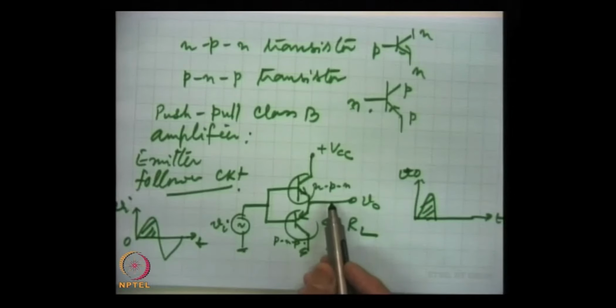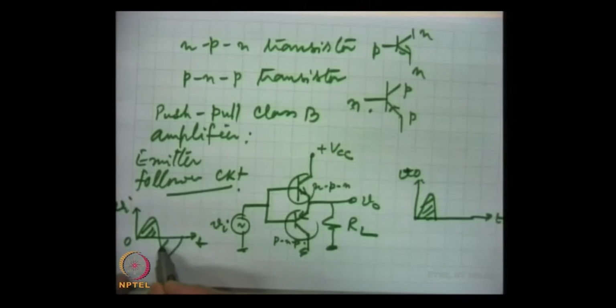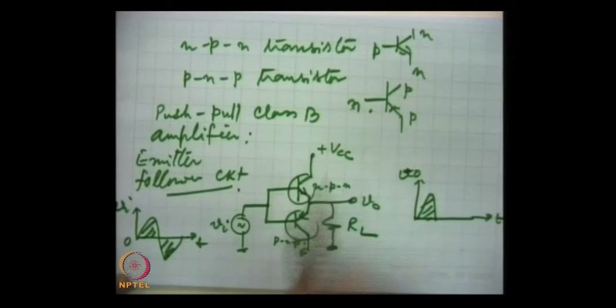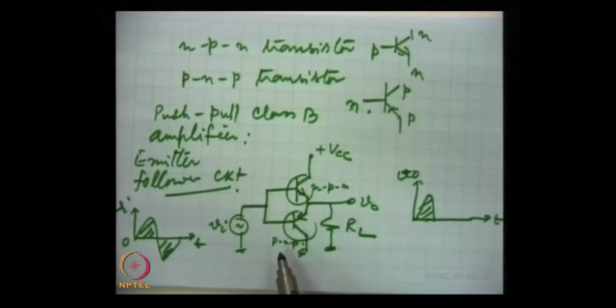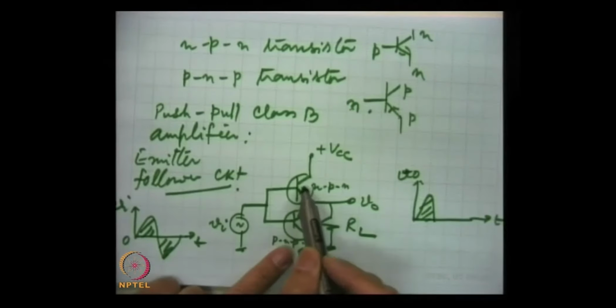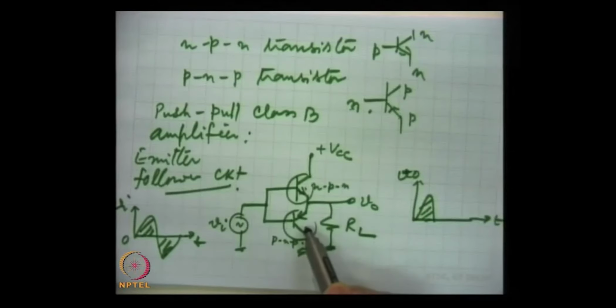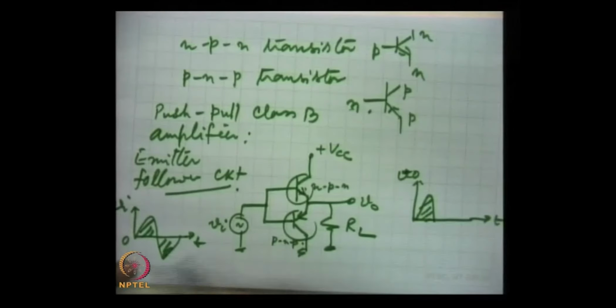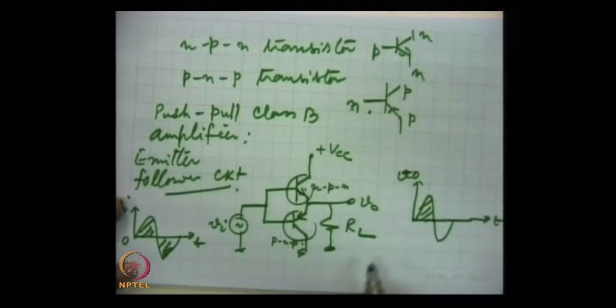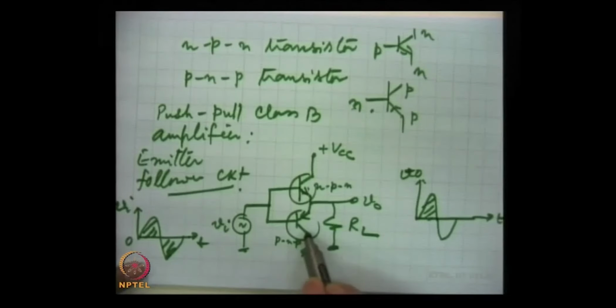In the same way, this negative pulse will forward bias the emitter junction of PNP. So, this will conduct and this voltage will reverse bias NPN, this will not conduct. So, the other halves will appear because of PNP.